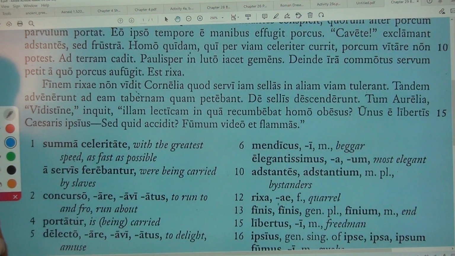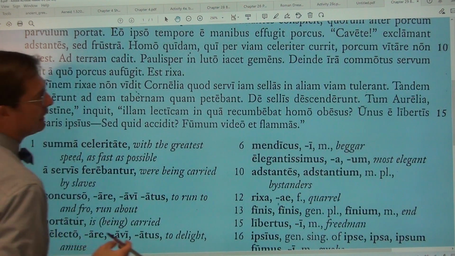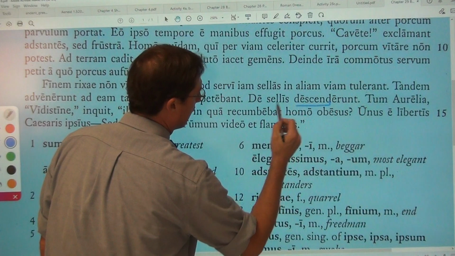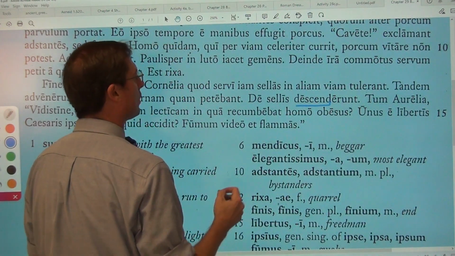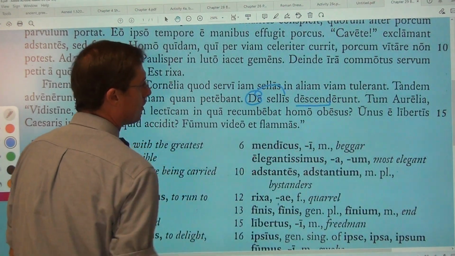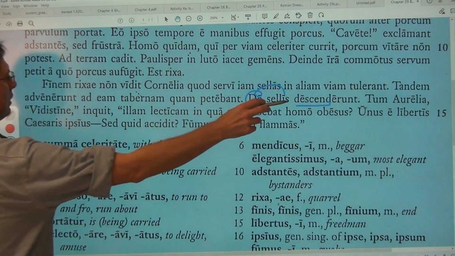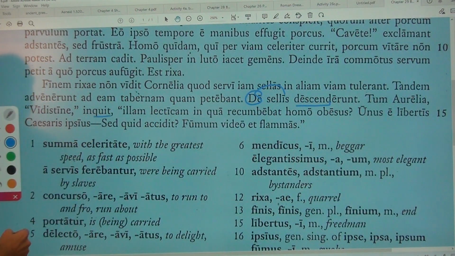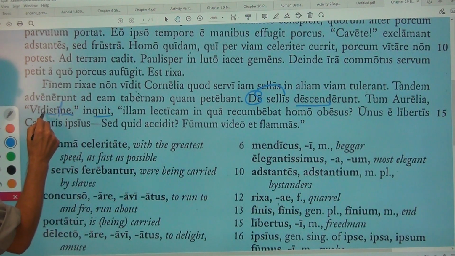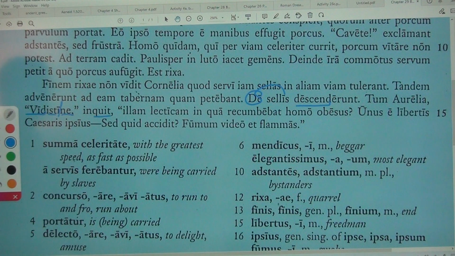Sorry about that, but it says, De lecticis descenderunt, they climbed down, did climb down, have climbed down from the sedan chairs. Tum Aurelia inquit. Then Aurelia said, Visne, indicating a question, isti is the perfect ending, vid is the perfect stem.